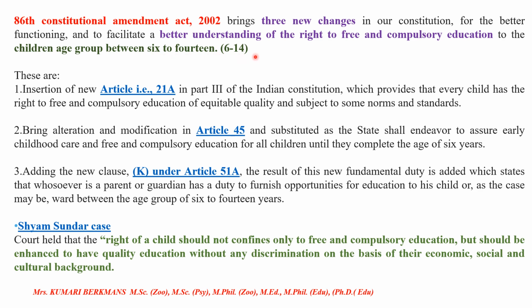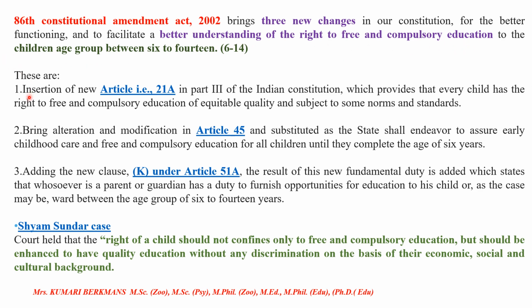Okay, so an act cannot be changed, an act can be amended. So what is the 86th Constitutional Amendment? 3 changes they brought for the better understanding of the right to free and compulsory education.